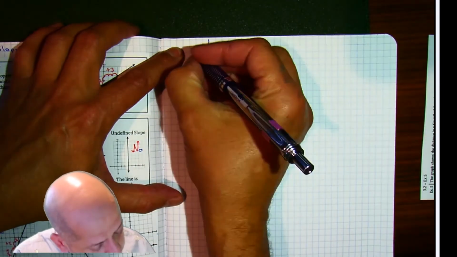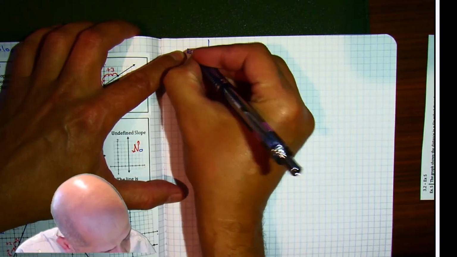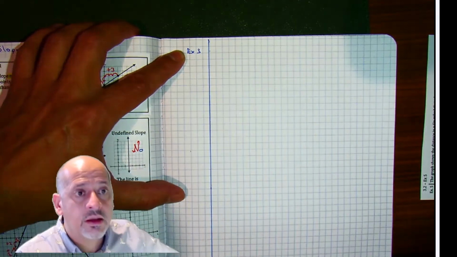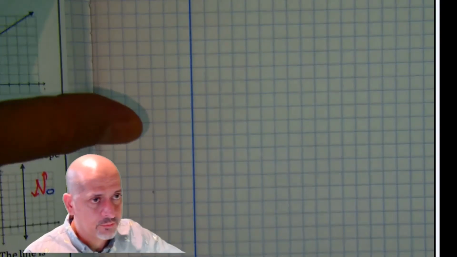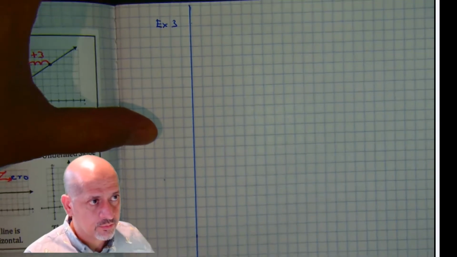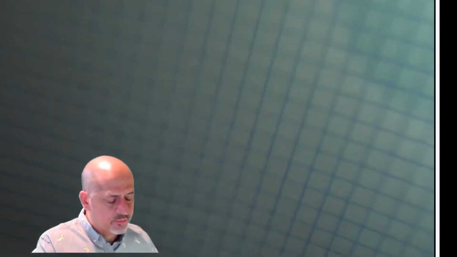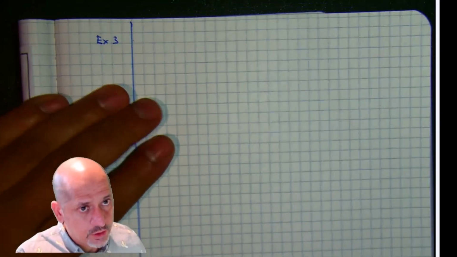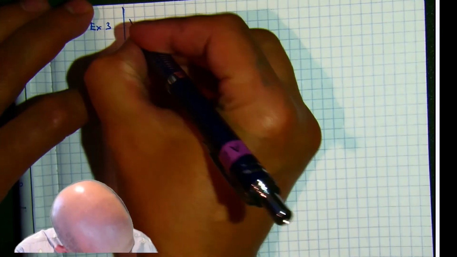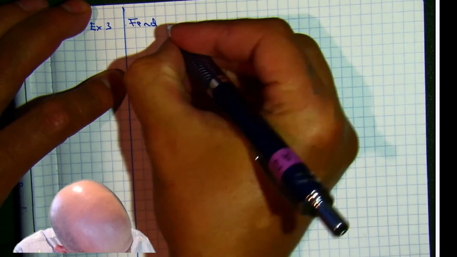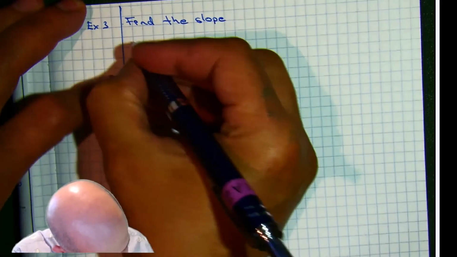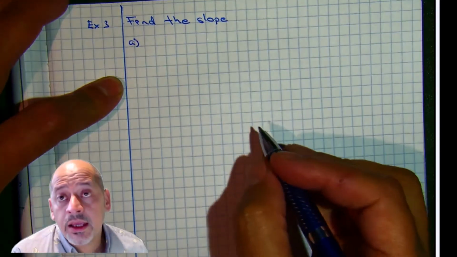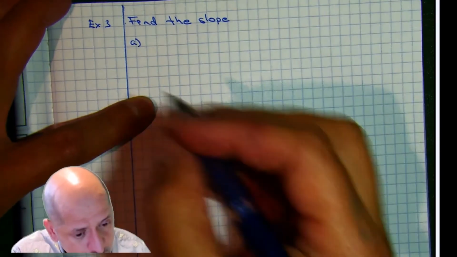On example number 3, we're going to find the slope given 2 points. We're going to do A, B, C, and D. So example number 3, find the slope. A. And they're going to give us 2 points.